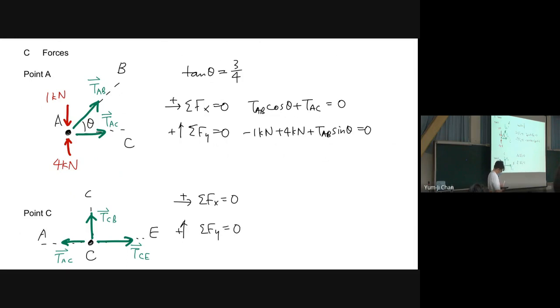TCE minus TAC equal to 0. This is summation Fx equal to 0.